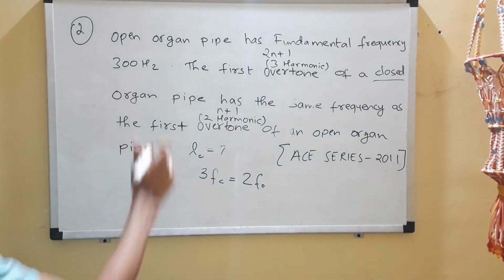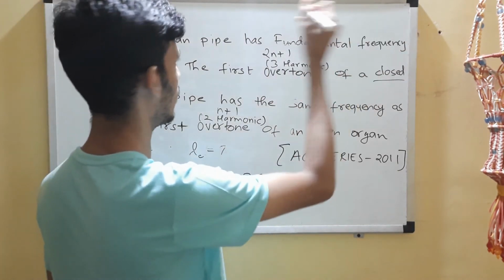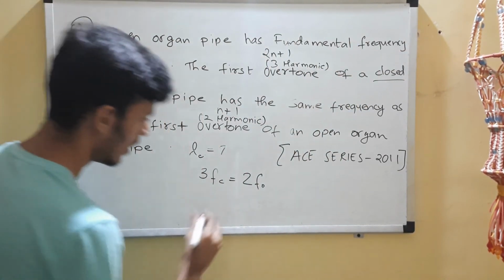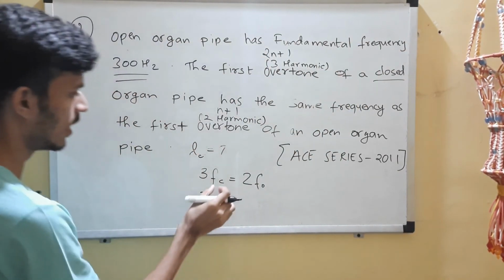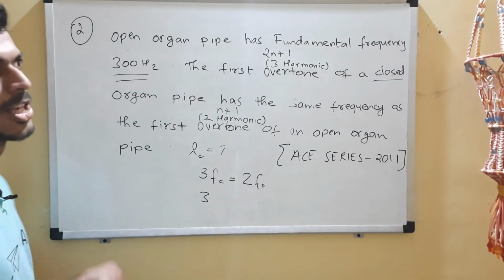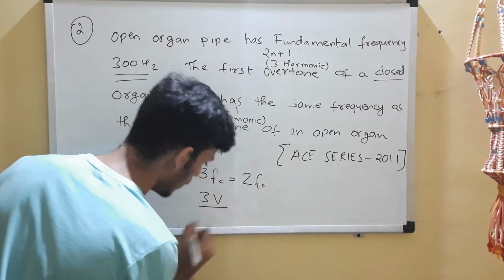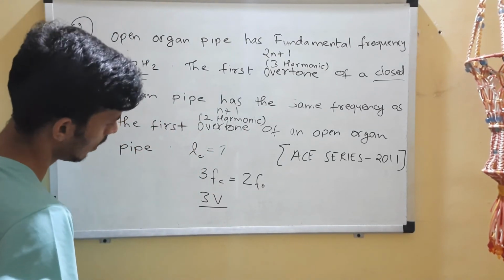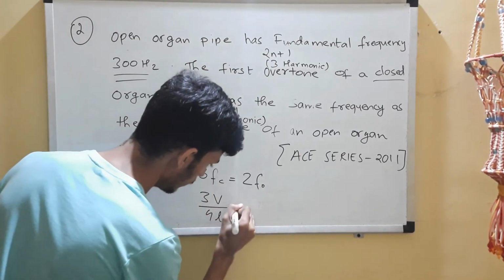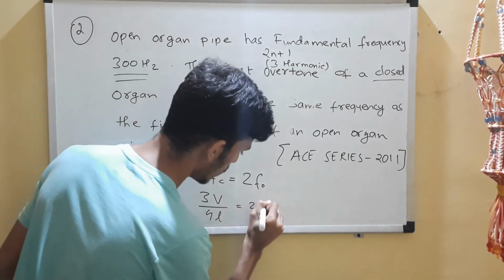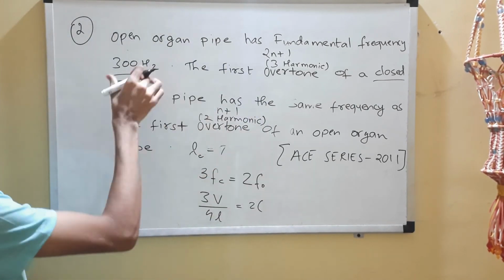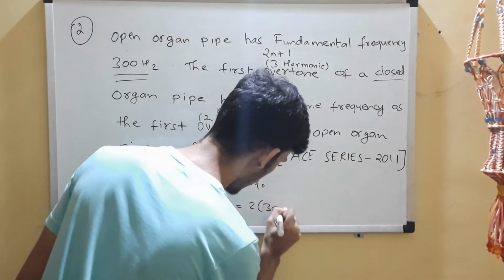Now we already know that the open organ pipe has a fundamental frequency of 300 Hz given in the question, and in place of the fundamental frequency of the closed organ pipe, we can substitute our formula V by 4L. And here we have 2 into the fundamental frequency of the open organ pipe, which is 300.